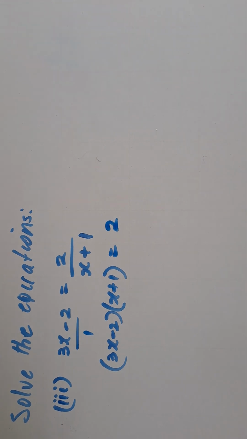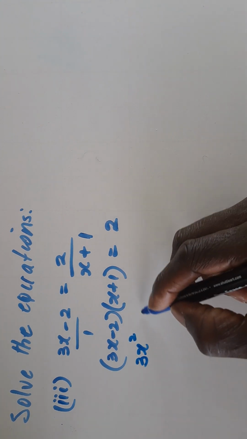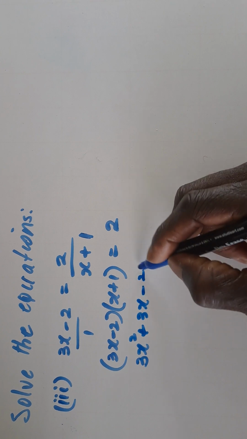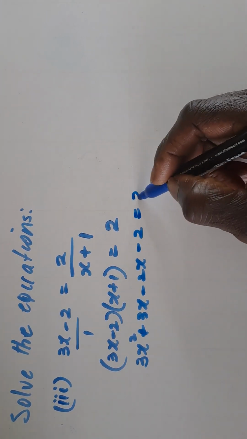Now we'll clear the brackets, and then we might see something a bit simpler, possibly a quadratic, as I can guess. We have 3x squared plus 3x minus 2x minus 2 is equal to 2.